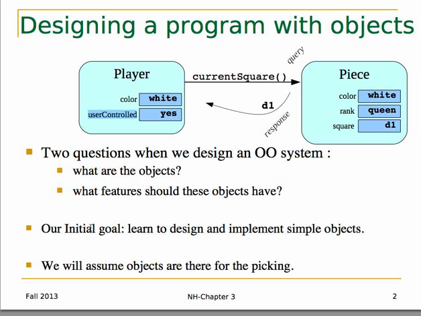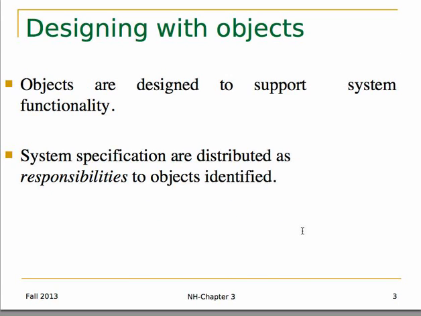Our initial goal is to learn to design and implement simple objects. That's all we want to do in this semester, and in this lecture too. We will assume that objects are there for the picking, or you're told you're supposed to have this class and this other class with these features and so on.